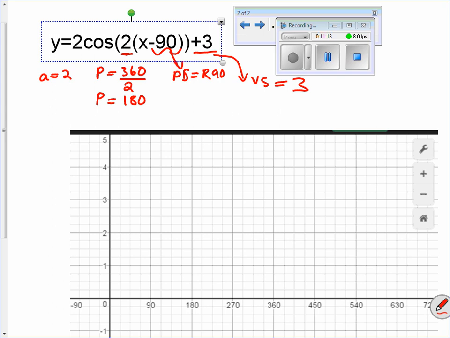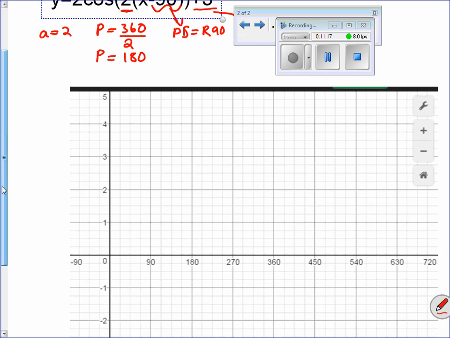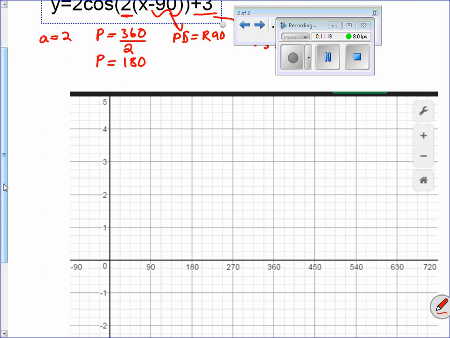So, when we do these graphs, we will always start by graphing the basic curve. And we start with graphing y equals cosine x. I'll graph that in black. So we've got y is equal to cosine of x. In order to graph that, cosine goes from 0 to 360, and it starts at 1.